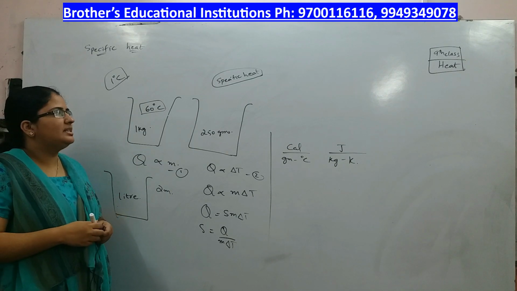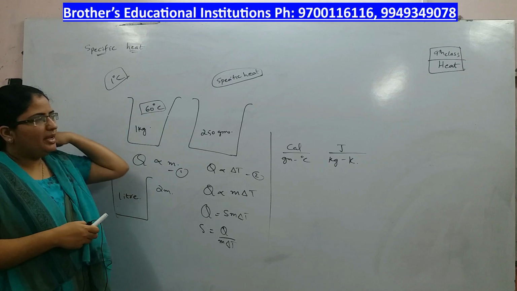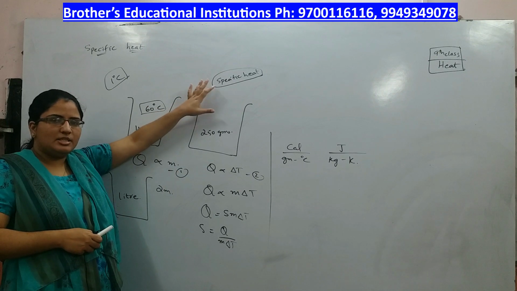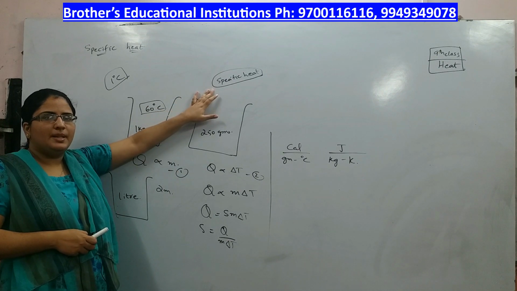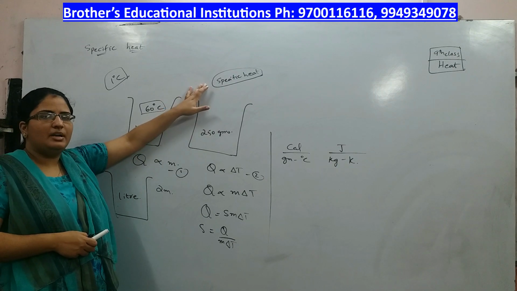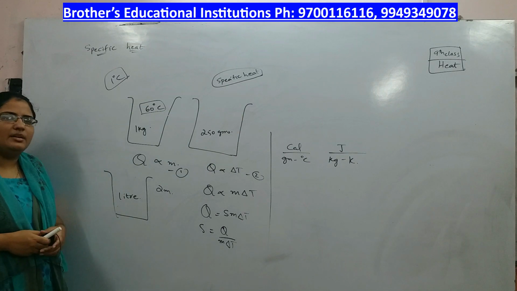I mean, to increase the temperature by 1 degree, the heat energy required will be more. So more specific heat indicates that it requires more heat energy to raise the temperature by certain degrees. Now that is about specific heat.